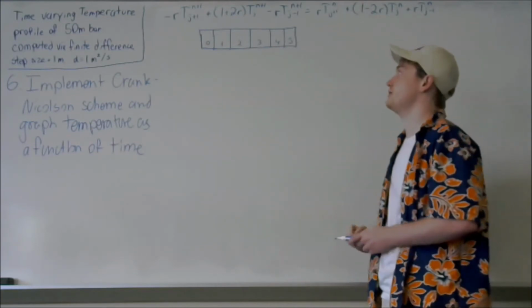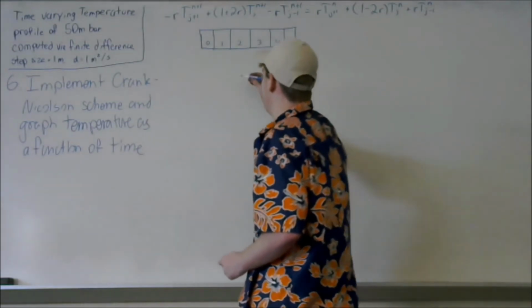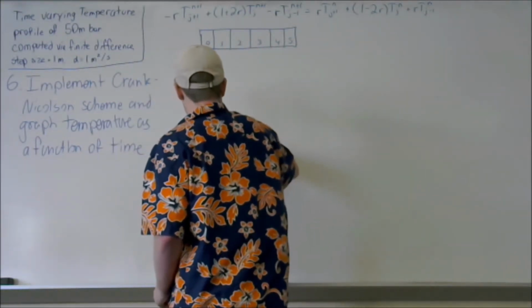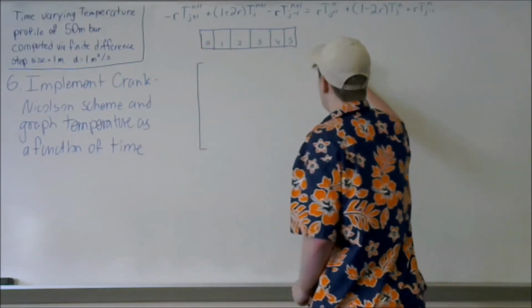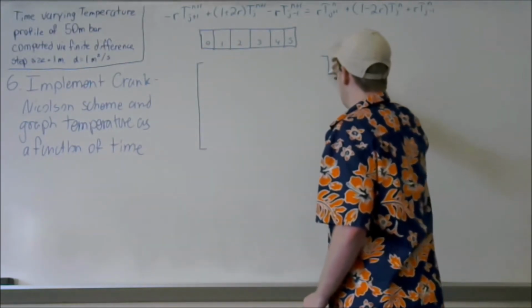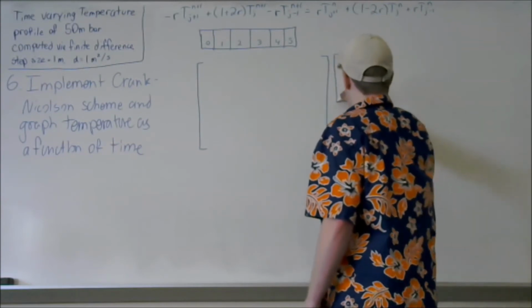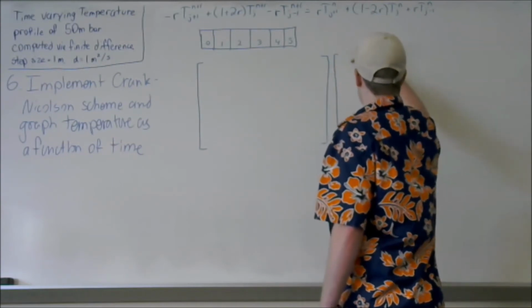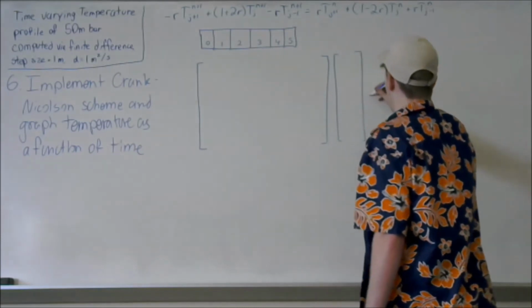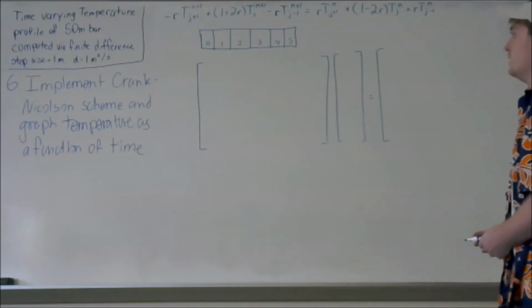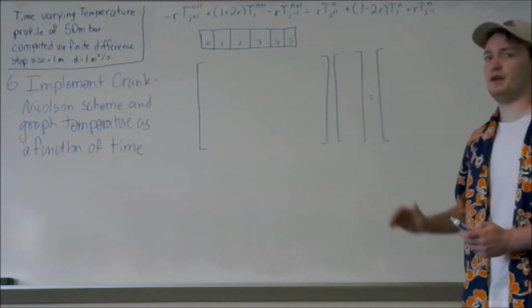Well, we're going to use matrices. So let's draw out our matrices here, trying to make this as organized as possible. We have one big matrix multiplied by a vector, and that's going to equal the right-hand side of the equation. So how are we going to fill this in?